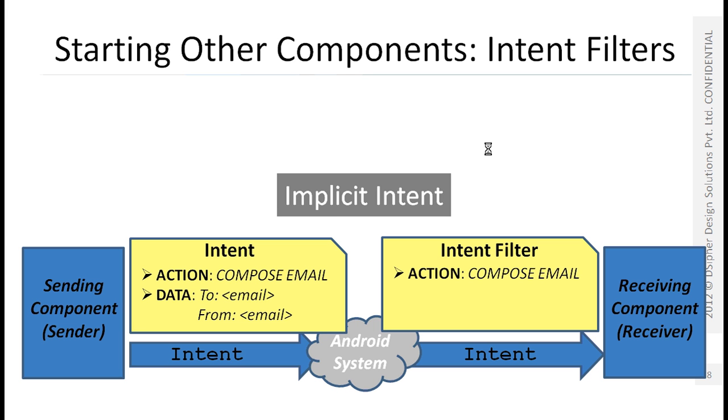If you specify the action as compose mail, that means your application is capable of composing an email. Suppose there are three applications installed in your Android system which have the action compose mail inside the intent filter in their AndroidManifest.xml file.